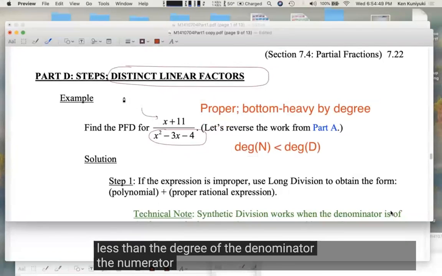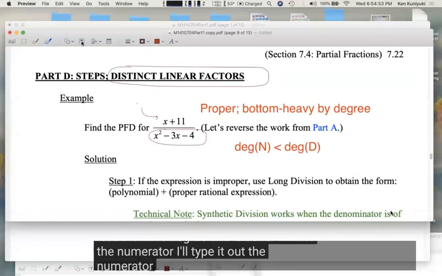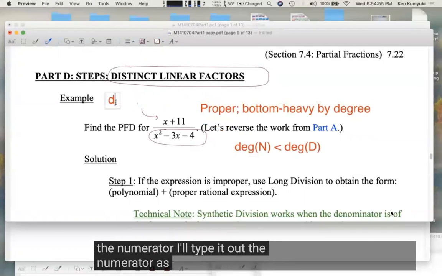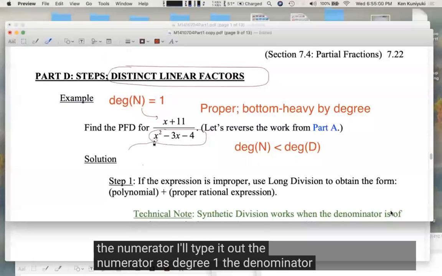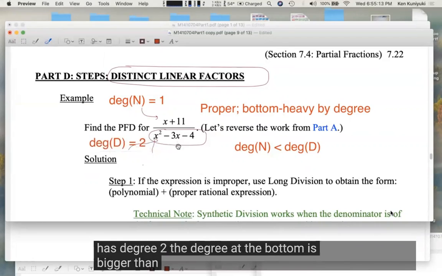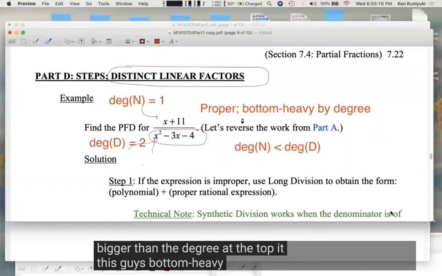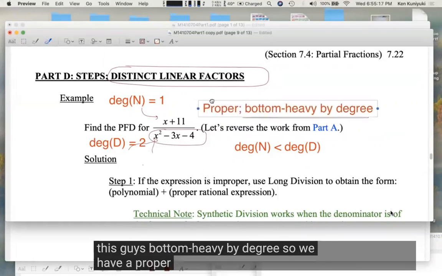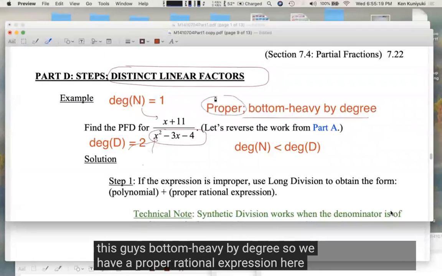The numerator has degree 1. The denominator has degree 2. The degree of the bottom is bigger than the degree of the top. This guy's bottom heavy by degree. So we have a proper rational expression here.